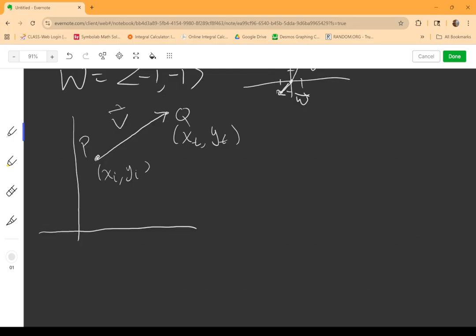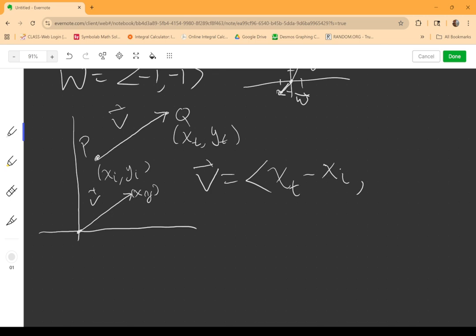All right, we can write this in component form, right? So in other words, it gets rewritten with an initial point of 0, 0, this vector v, and the way I find its components, x, y, is to take the difference between x sub t, the terminal point, minus the initial.